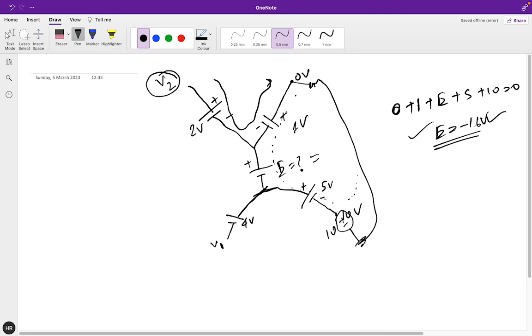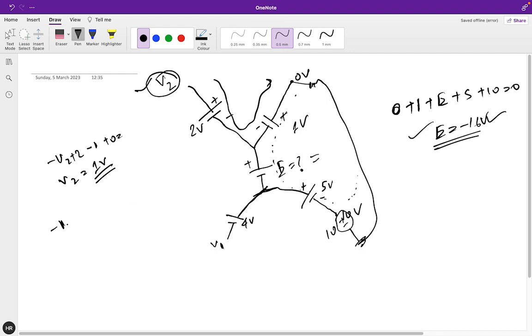So I didn't do anything extra. If you go through this loop, you will get to know the value of v2. Let's solve for the value of v2. Minus v2 plus 2 minus 1 plus 0 is equal to 0, so v2 is equal to 1 volt. Now apply the same thing similarly in this way.